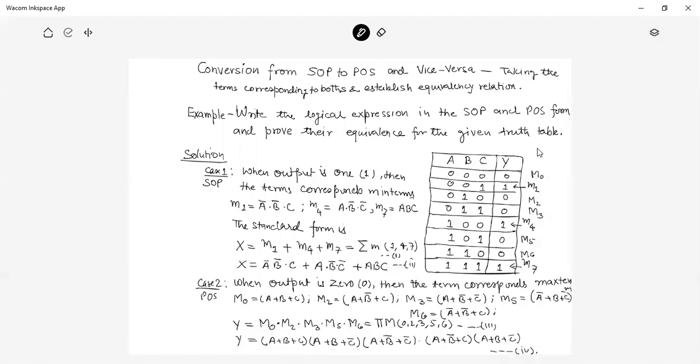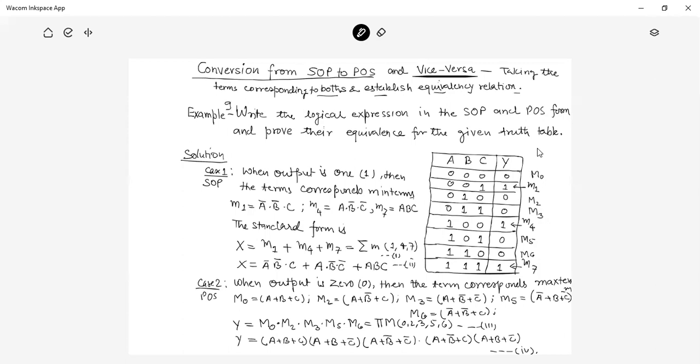The conversion is from SOP to POS and vice versa. If one is given, then how do we get the other? So taking the terms corresponding to both, we establish their equivalency. So it is the conversion.